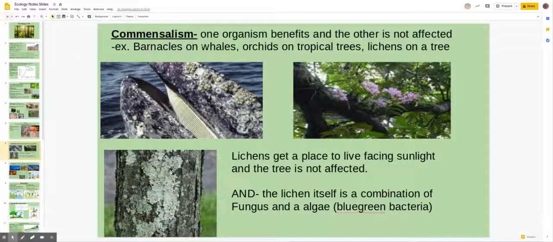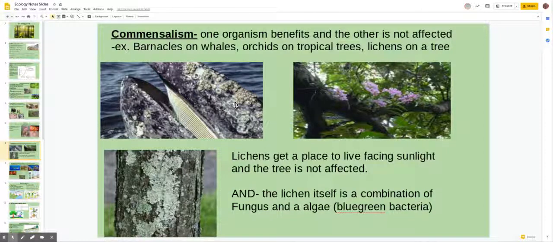This is a commensalist relationship where one organism benefits and the other one is not affected. So in a parasite relationship, the host is negatively affected, but in a commensalist relationship, the host could care less. It is not harming the host, and it's not harming the commensalist itself.